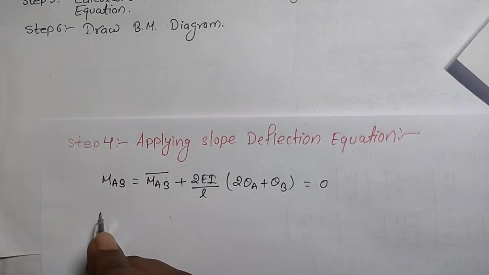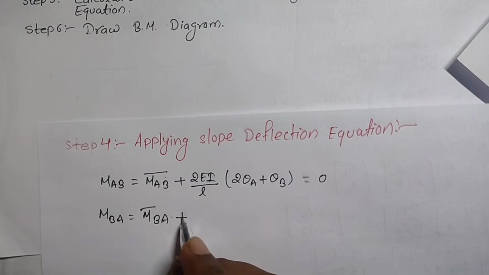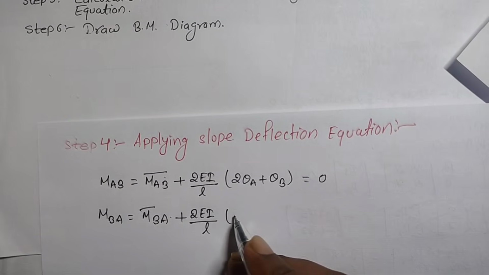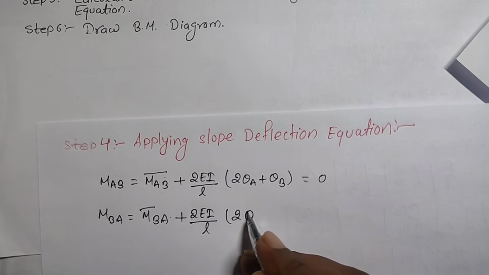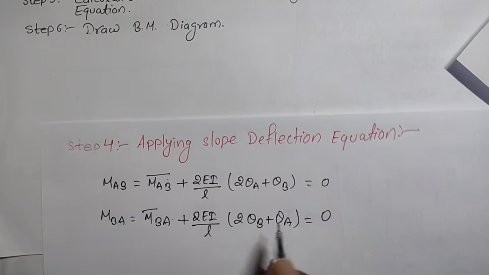Now if you apply the slope deflection equation for point B, then MBA equals fixed end moment MBA plus 2EI by L times (2 theta B plus theta A) equals 0.